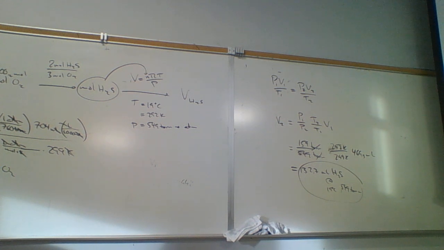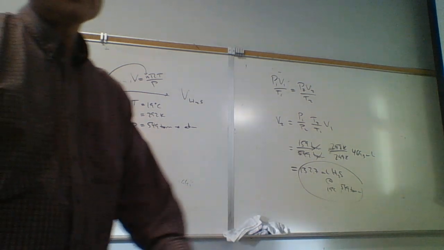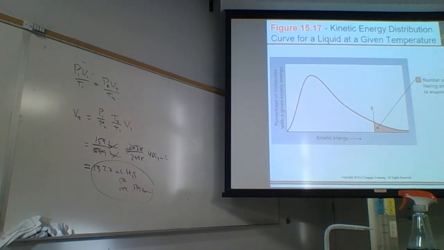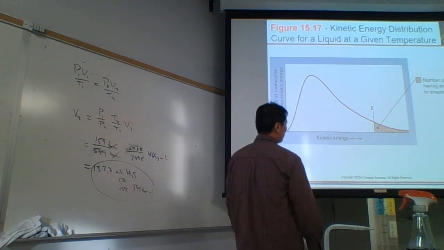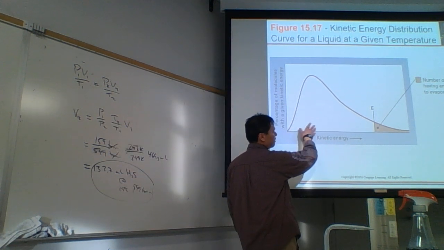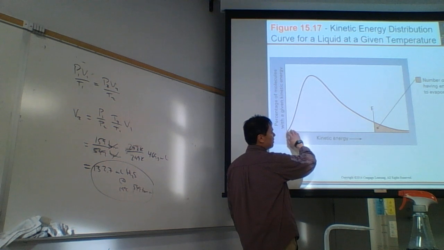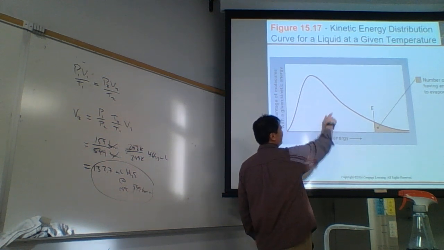Then we talk about this. Now, this is number of high energy. Yeah, this is a population distribution. It's like if you have a marathon, most of the people are running around here.